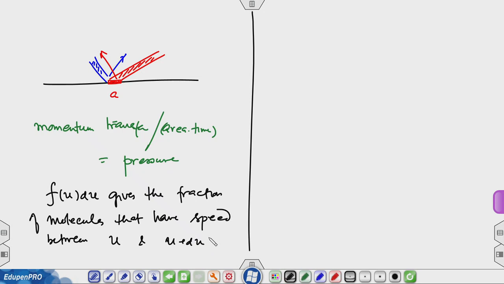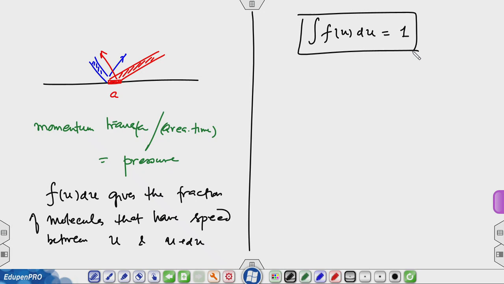So immediately you see that the integral of f(u) du is equal to 1. Now to calculate the pressure, again, let us consider this small area. And on this, molecules are falling from all around isotropically. So let's take an angle theta.